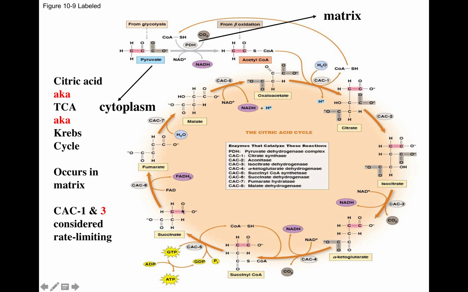Succinate, 4 carbons, gets rearranged to another 4-carbon molecule called fumarate, and then fumarate gets rearranged to another 4-carbon molecule, malate, rearranged again to another 4-carbon molecule, oxaloacetate, and then your second acetyl-CoA comes in and you repeat the cycle. So since you get 2 pyruvates per glucose, you would go around this cycle 2 times per glucose, once per pyruvate.